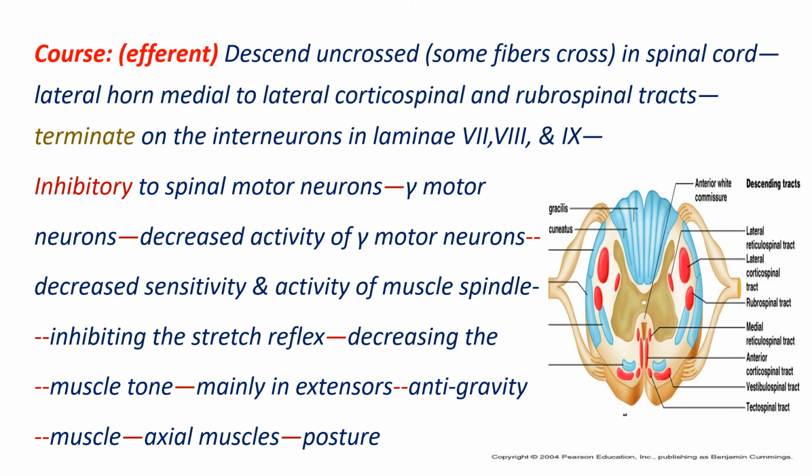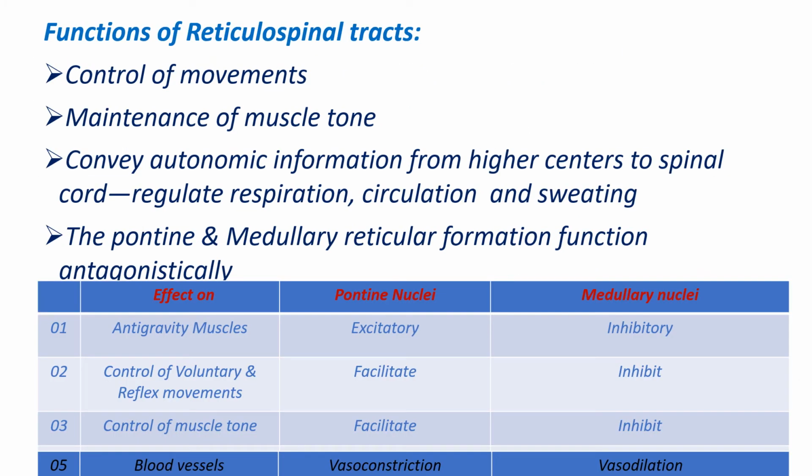I again repeat that they function altogether opposite to the facilitatory reticular formation. The facilitatory formation caused increased sensitivity of the muscle spindle, leading to increased tone in extensor muscles, while these decrease the sensitivity of the muscle spindle, decreasing the tone in the extensors. They work exactly opposite to each other.